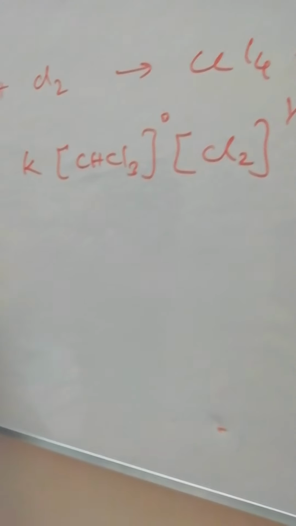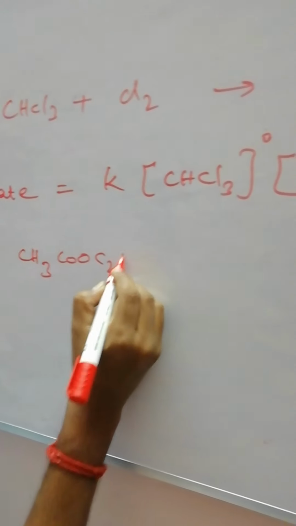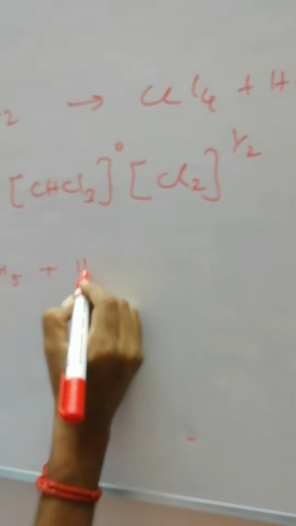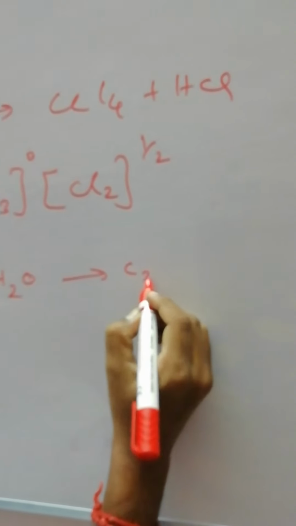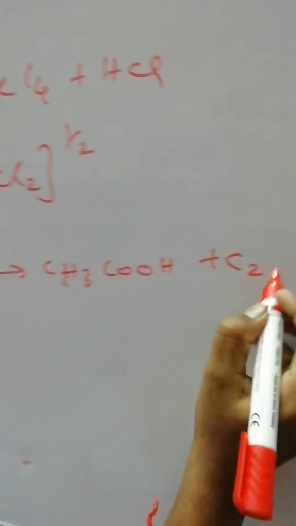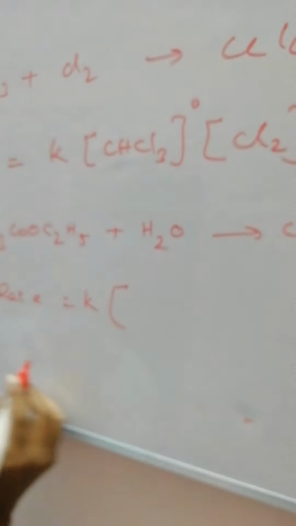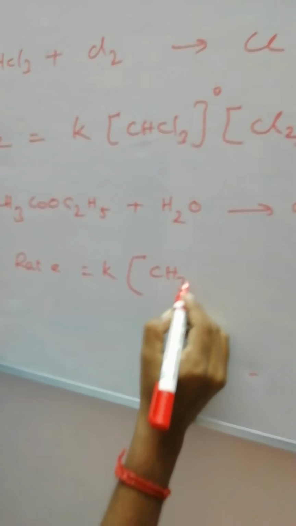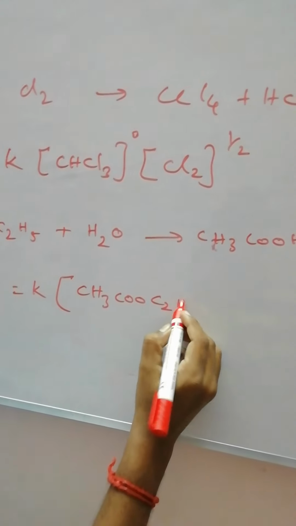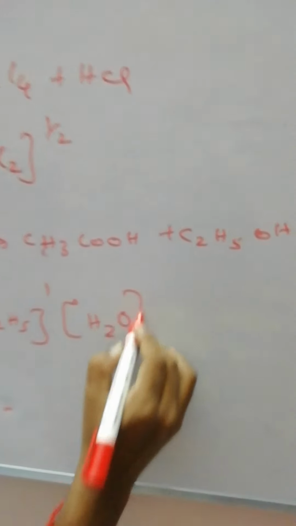Then one more equation, CH3COOC2H5 plus H2O gives CH3COOH plus C2H5OH. In this equation, rate equal to rate constant into CH3COOC2H5 power 1, H2O power 0.